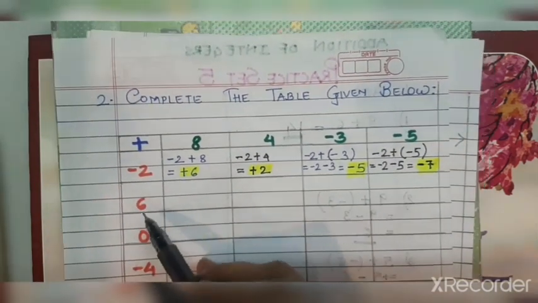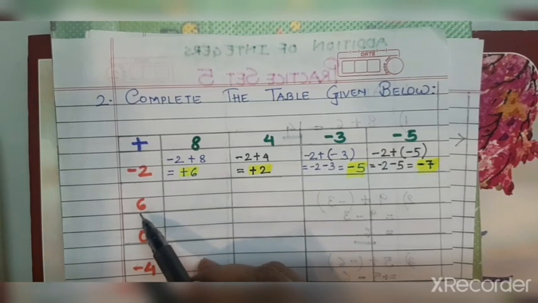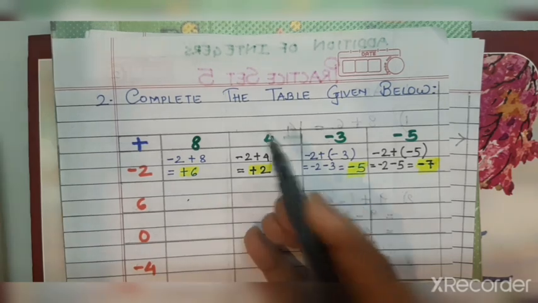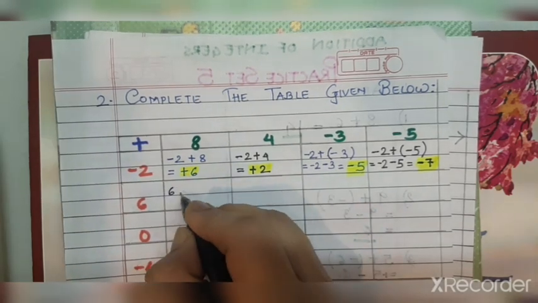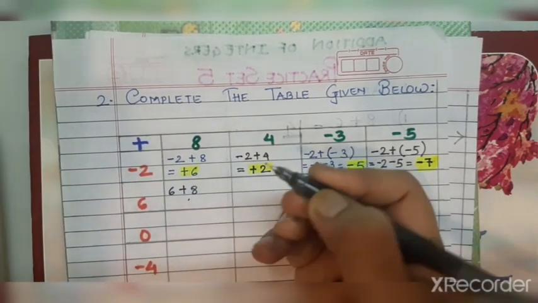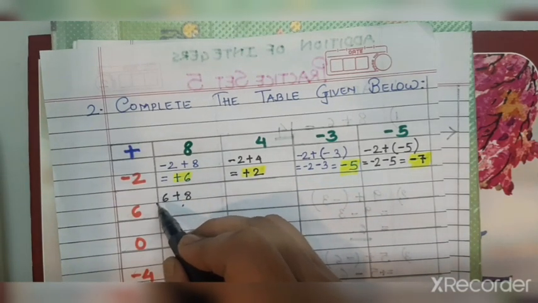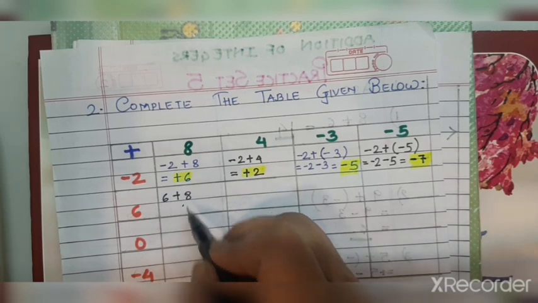Now second. Here 6 plus 8 will come in this box. So I write here 6 plus 8. If you see here, there is no sign for 6 and we consider no sign means positive. So positive 6 and positive 8.